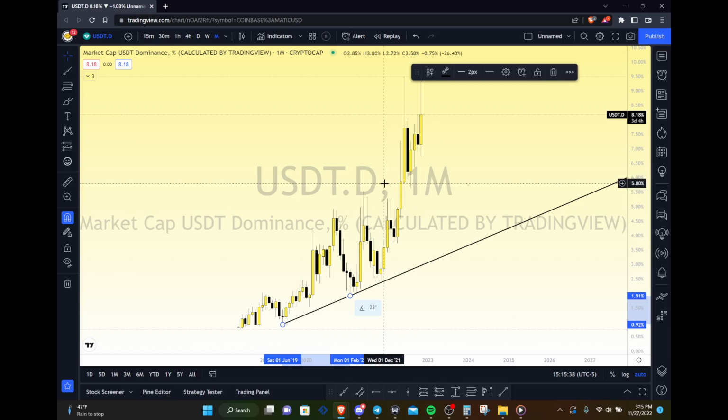Now, will a bull flag play out? It might play out sometimes, but it's not really the bull flag playing out. It's just the dominance changing, because someone can print a ton of Tether because they deposit a ton of US dollars into Tether. At least that's the idea.